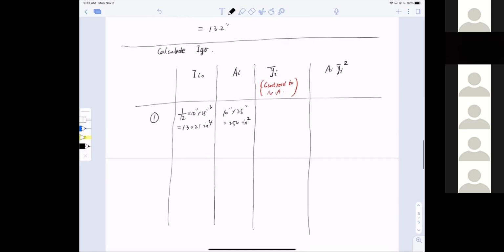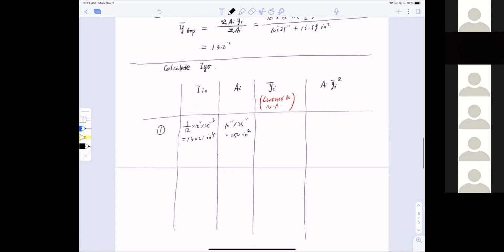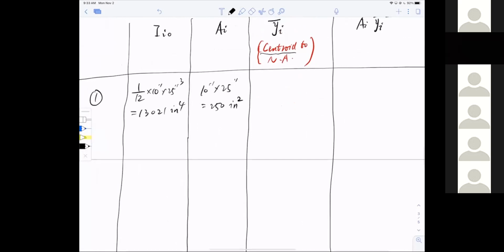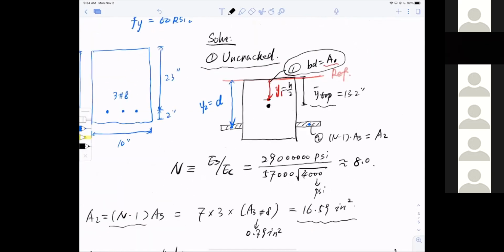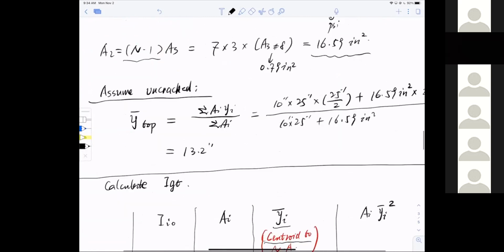Now, centroid of part one to neutral axis. What is that? Y1 bar. Let's take a look. The centroid of part one is right here, to the neutral axis, to the y top. This distance is Y1 bar. So I want to calculate this.